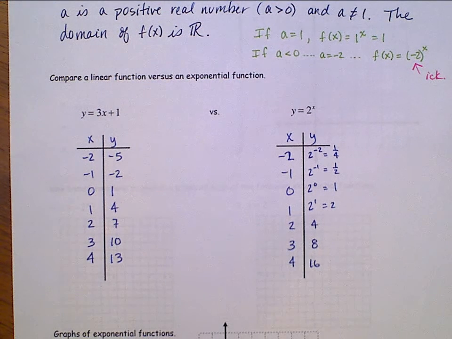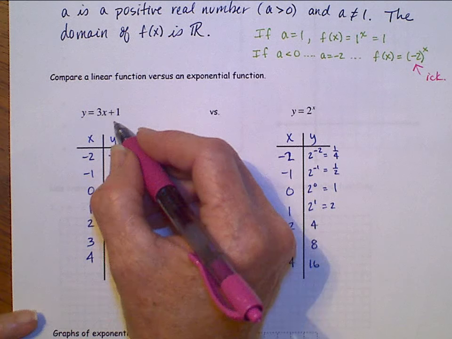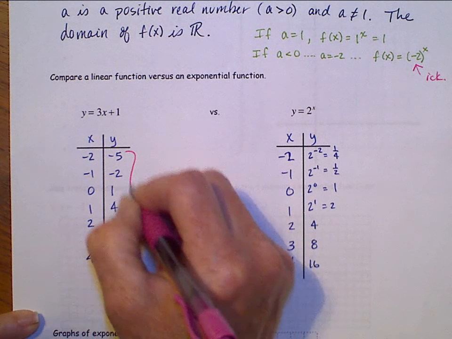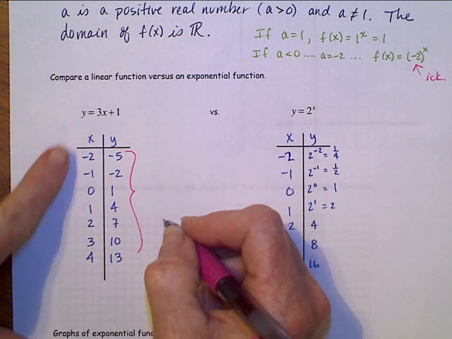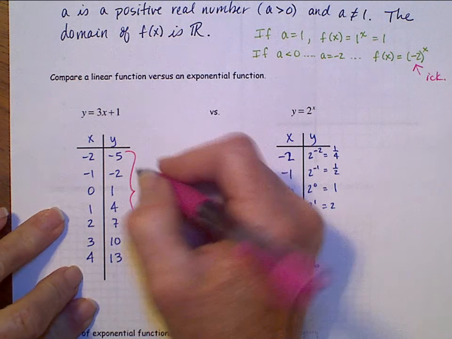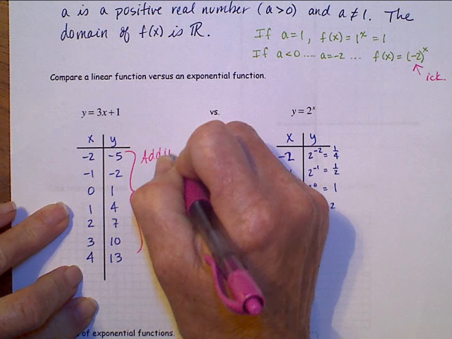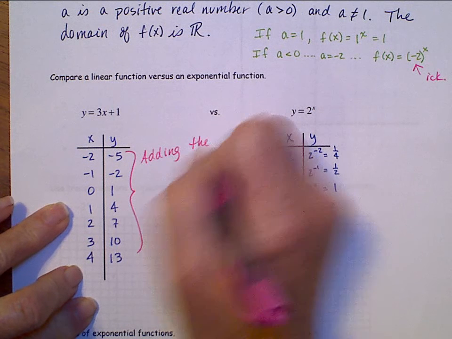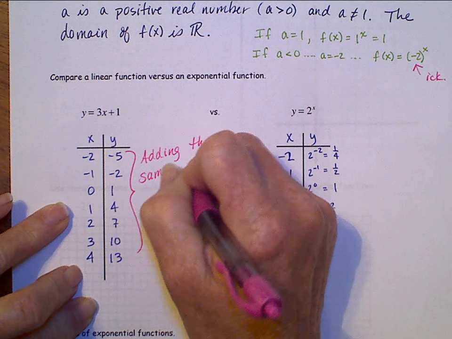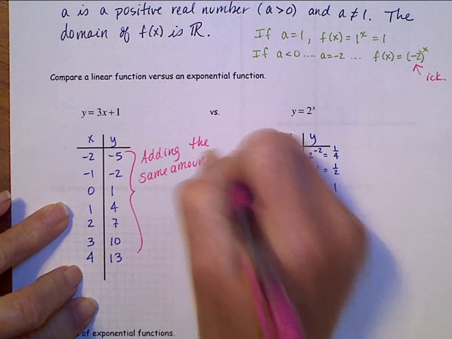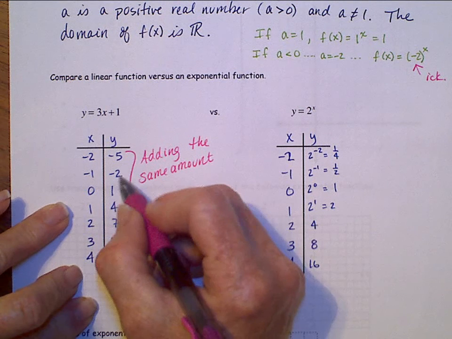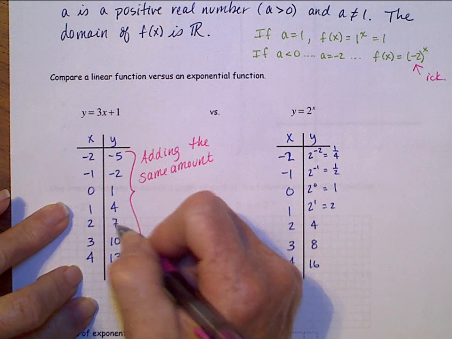And what I want you to see here is that in a linear function, we are adding the same amount to the y values for consecutive x values. And what is that amount that we were adding? We were adding 3 here.